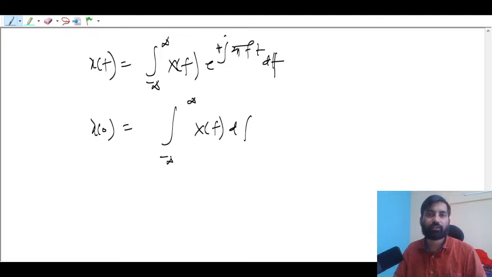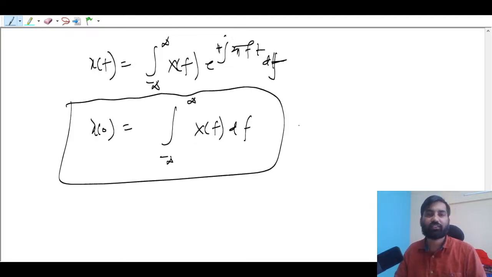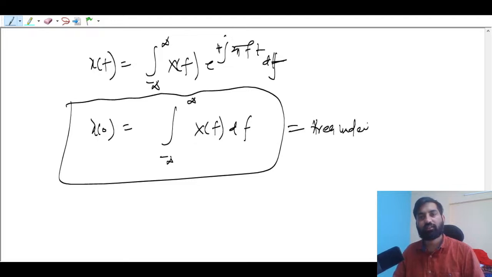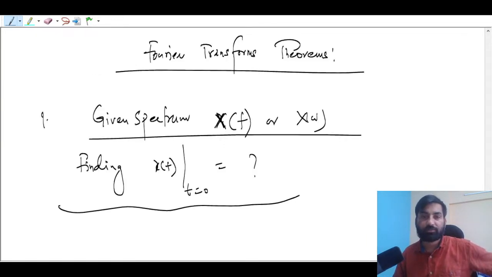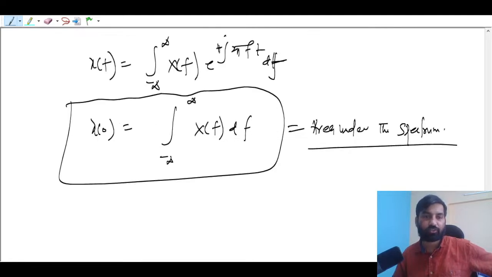This is df only. What is this, guys? This is nothing but the area under the spectrum. So finding the value at t equal to 0 in the time domain, if a spectrum is given, means you have to calculate the area under the spectrum. This is the first theorem that you can understand.